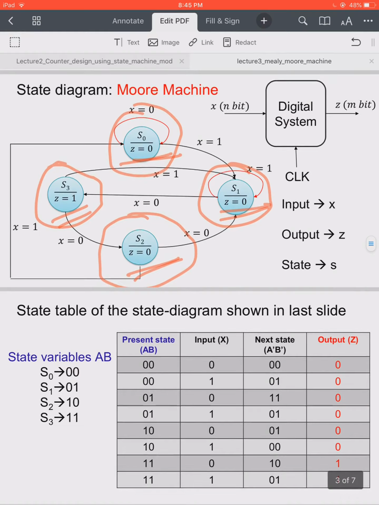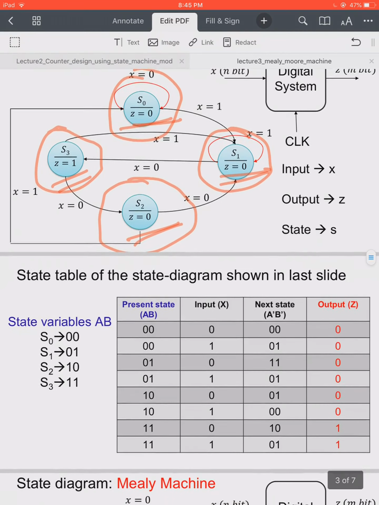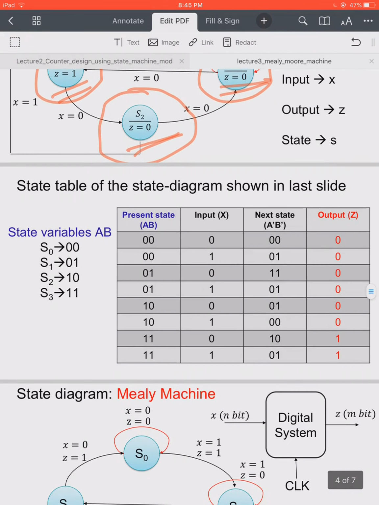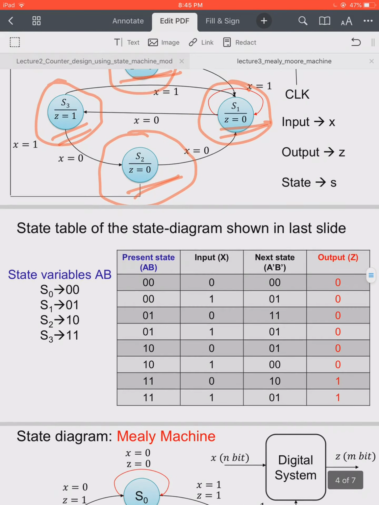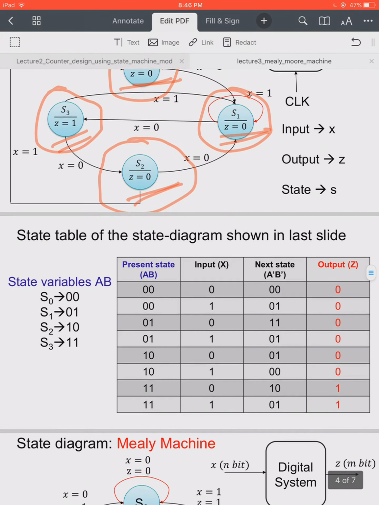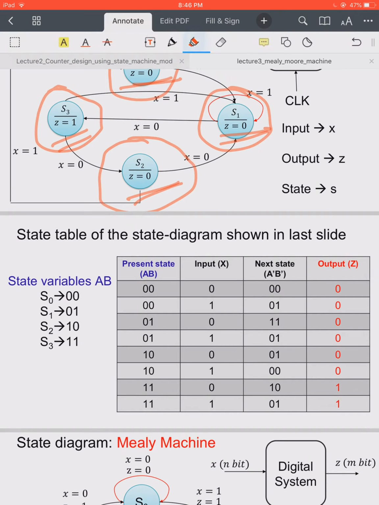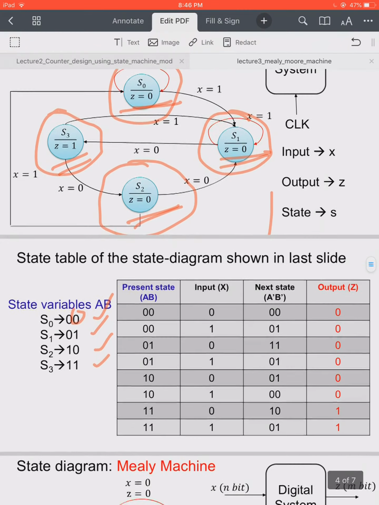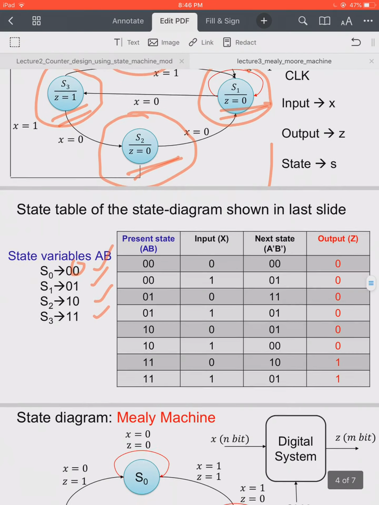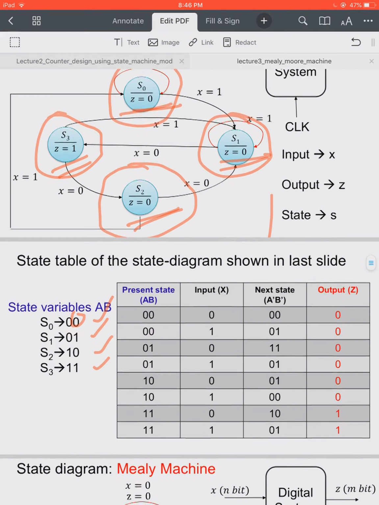I have 4 states S0, S1, S2 and S3, so obviously I need 2 state variables A and B. S0 corresponds to 0 0, S1 to 0 1, S2 to 1 0 and S3 to 1 1. So this state diagram can be translated to a state table very easily, right?